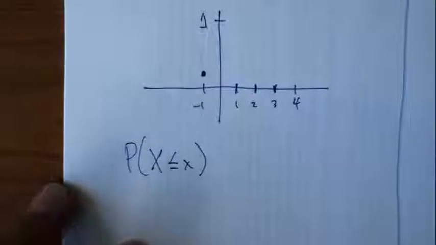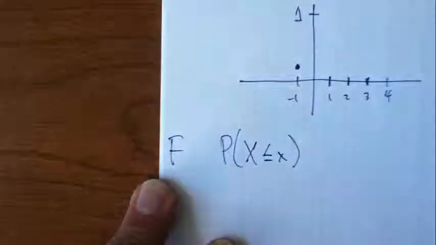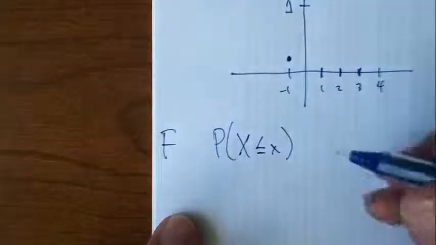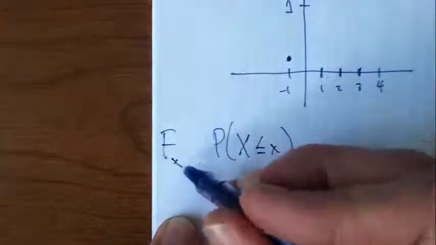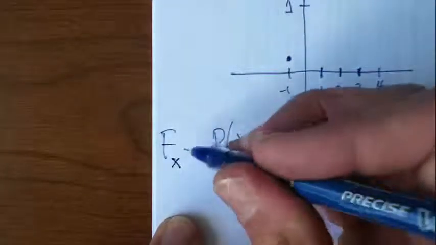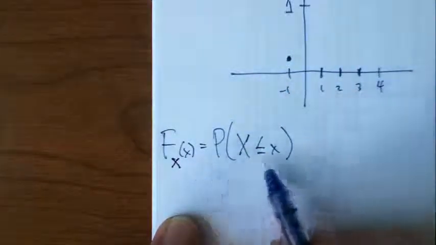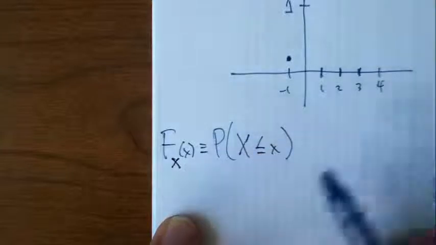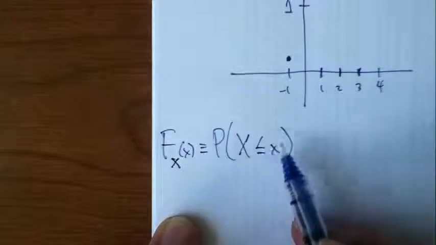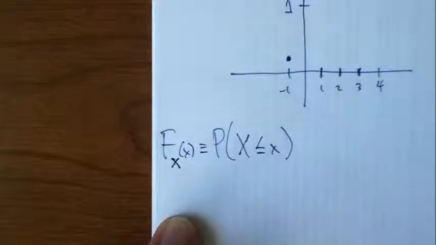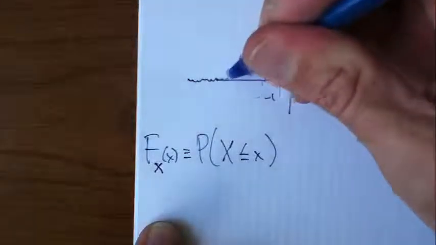This is the CDF, and usually we use the symbol big F, or sometimes big G or big H. And sometimes we'll denote that we're talking about the CDF for the random variable x by putting a big X down in the subscript. It's really a function of little x, but it's defined to be the probability that x is less than or equal to little x. This is important. It's a less than or equal to sign. And so we can actually draw this function for this example here.